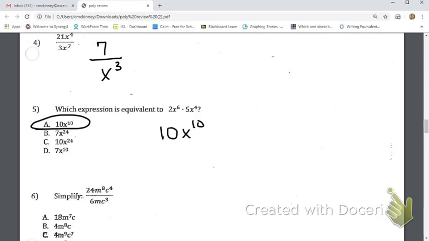And then 6 is back to being like 3 and 4. So 24 divided by 6. Remember, not subtract. Divide those big numbers. What's 24 divided by 6? 4. Where's the higher power of the m? Top. By how many? 7, because remember this counts as 1.